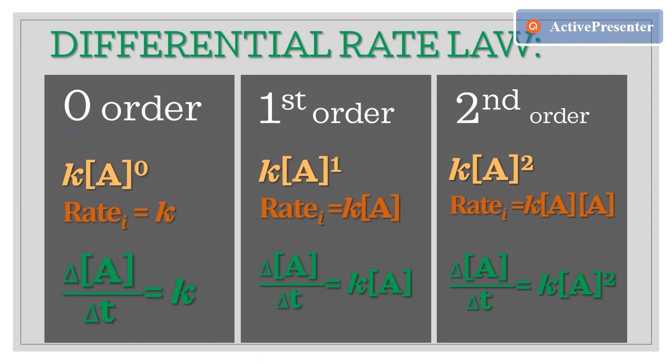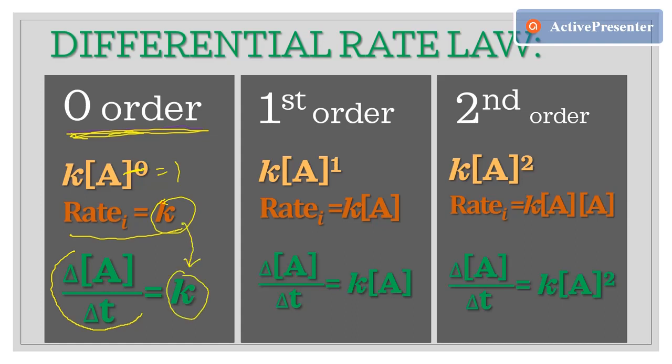So here would be zero order. Here would be zero order, and remember the initial rate is going to be K because A to the power of 0 is just 1, so we're just going to have K. And the generic rate rule is the change in the concentration of A over the change in time, and so that's going to be equal to K right there.